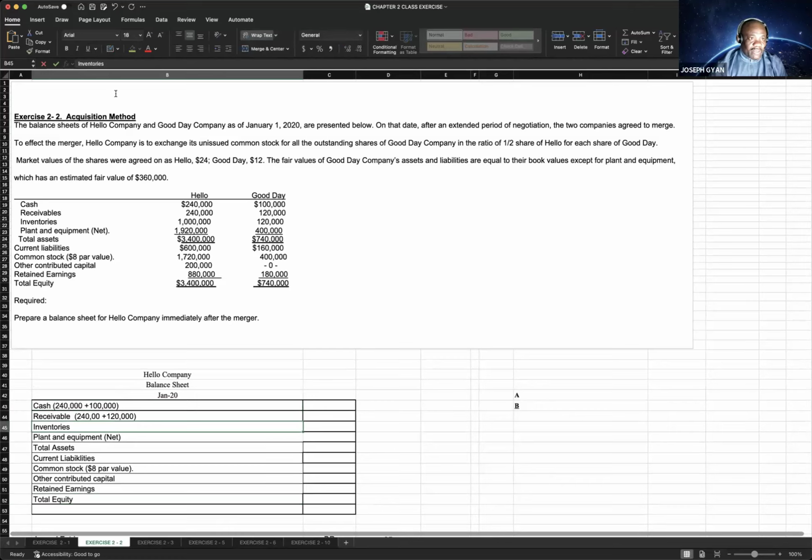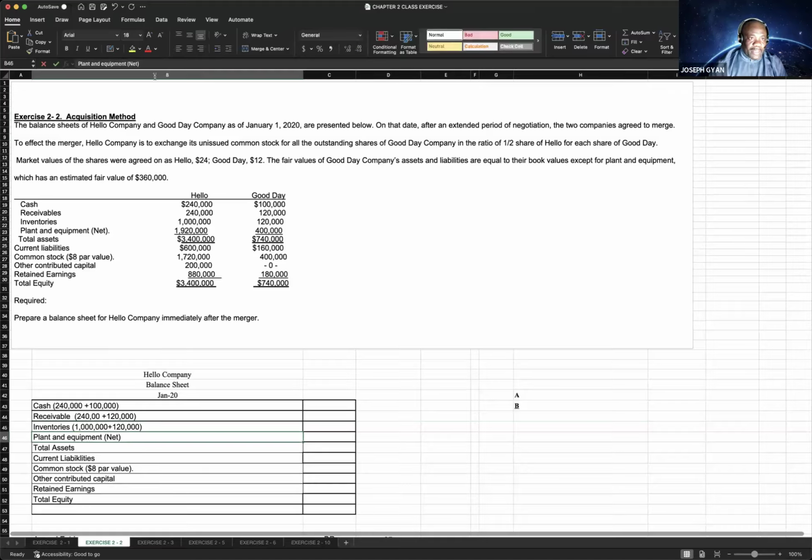When it comes to the inventory, they have 1 million in inventory plus 120 of the Hello.